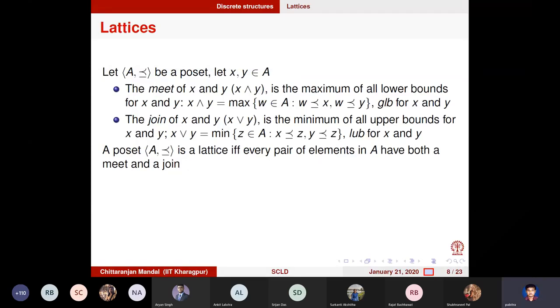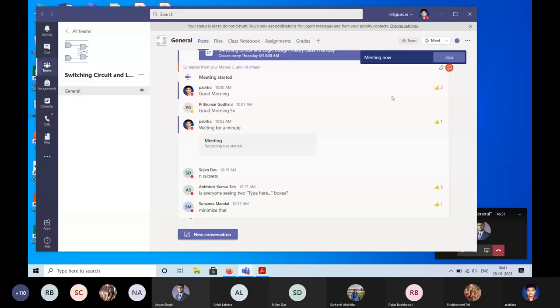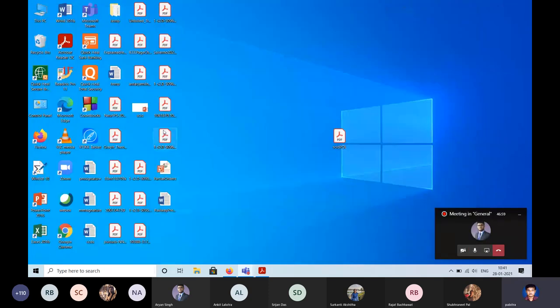Okay, so let me quickly draw some diagrams. I think this is better.